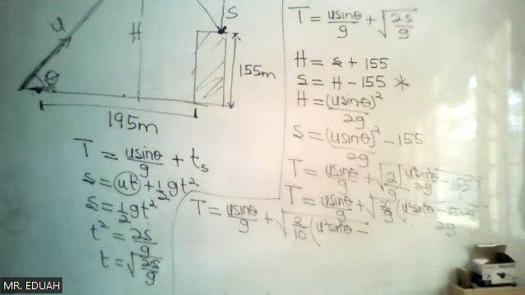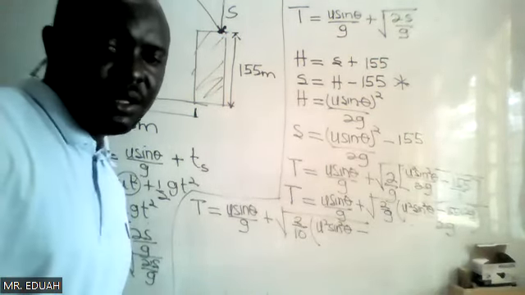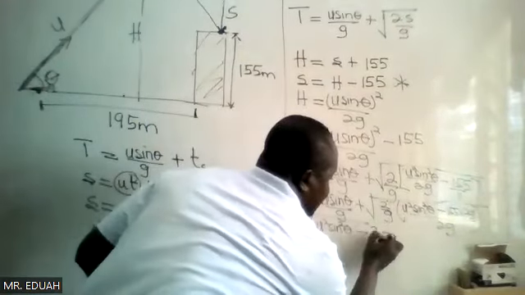Lizzie, what did you get? 155 times 20 is 3,100.